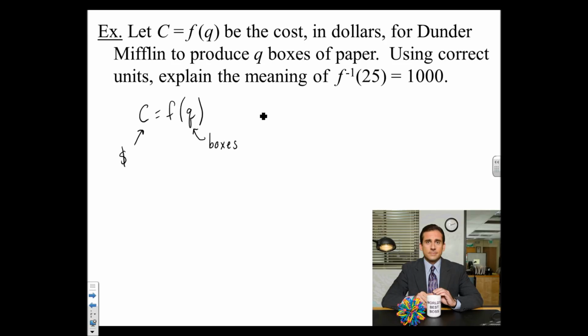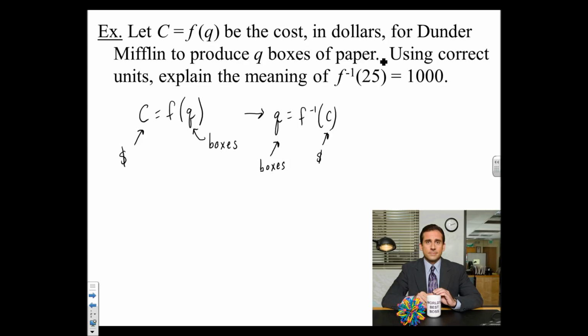Well, when I switch them, when I write the inverse, the roles switch. This time it's going to be Q equals F inverse of C. The roles reverse. C is still measured in dollars. Q is still measured in boxes, but now the roles reverse.